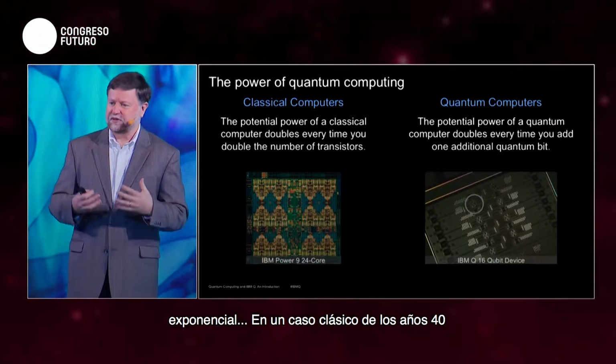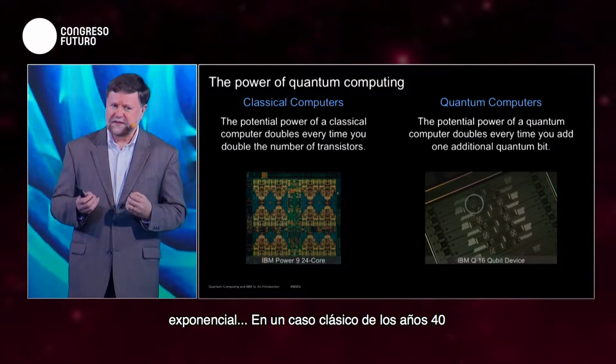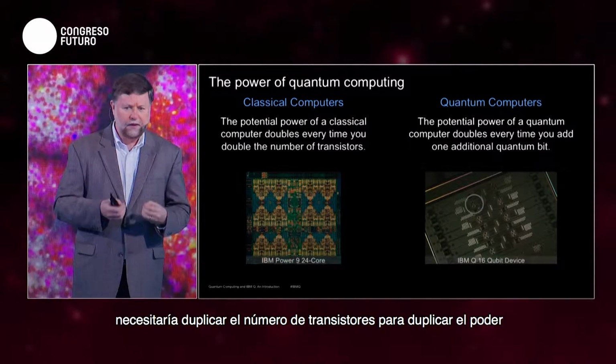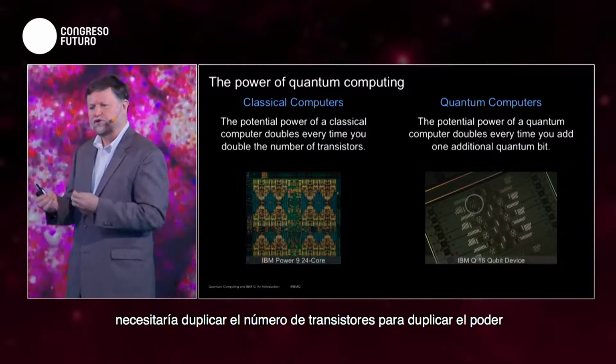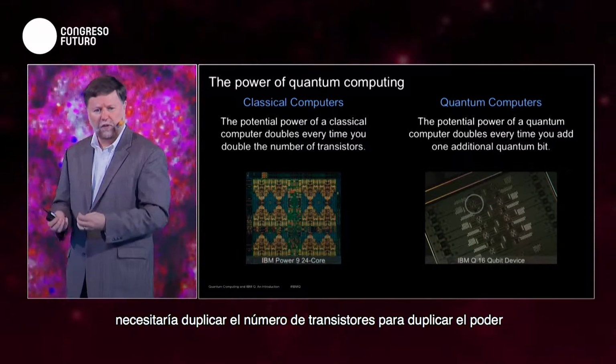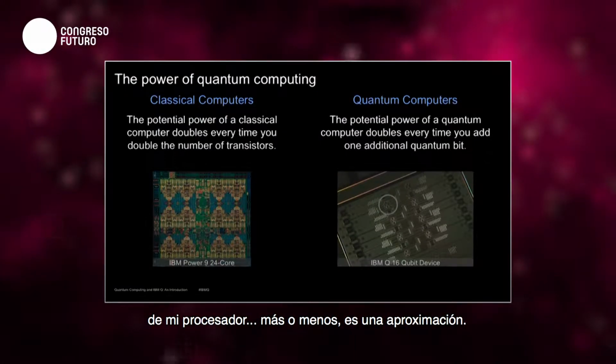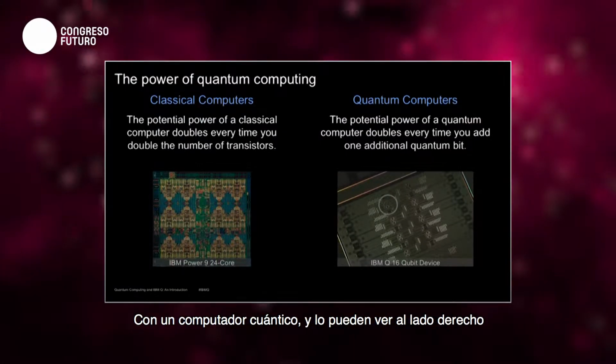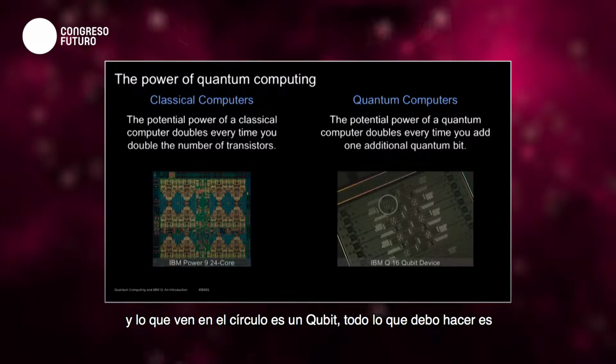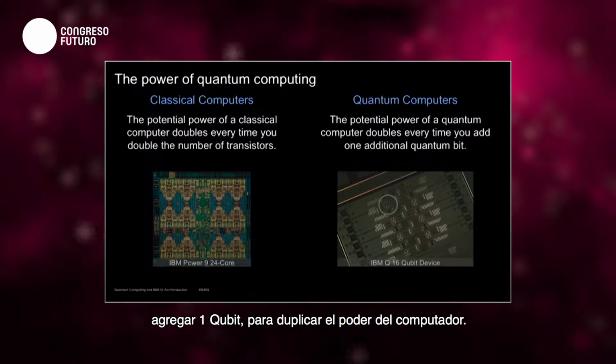Part of it is because quantum computers have this exponential capability. In the classical case, which goes back to the 1940s, I would need to double the number of transistors to double the power of my processor, more or less. That's approximately it. With a quantum computer, and you see it on the right-hand side, what's in the circle is a physical qubit. All I need to do is add just one qubit to double the power of the computer.